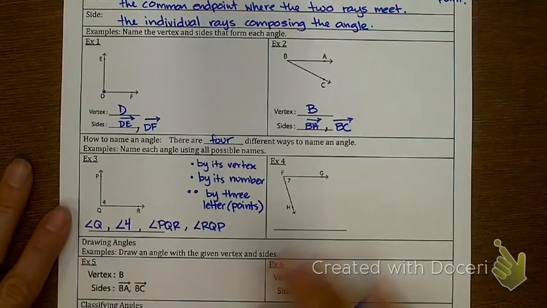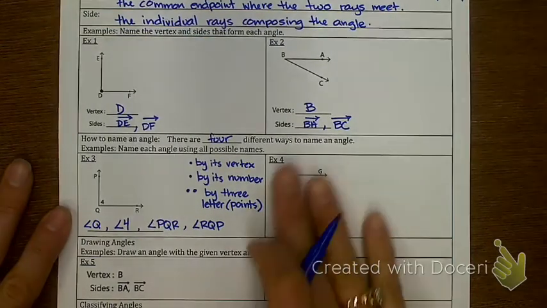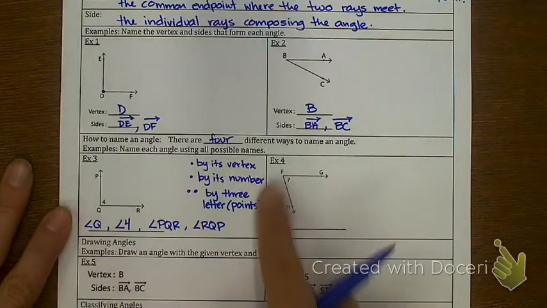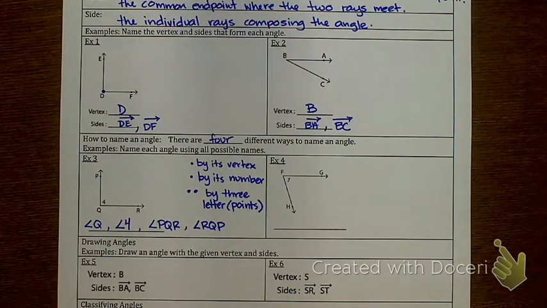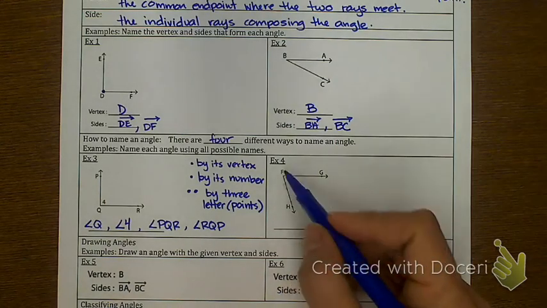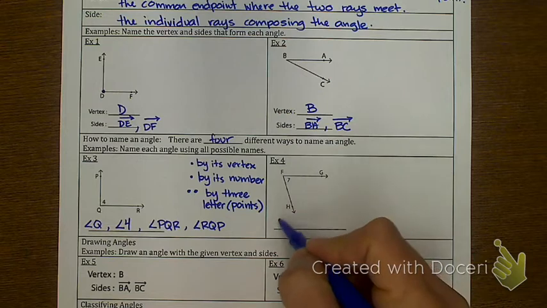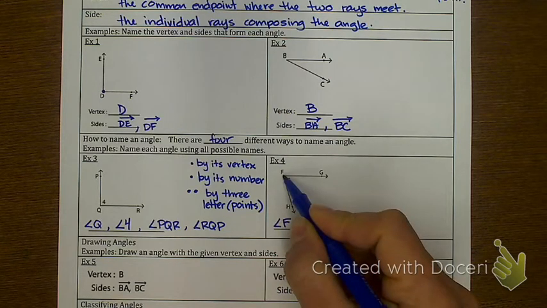Why don't you go ahead and take a moment to give this one a try, naming this angle in the 4 different ways. Okay, so if we were going to name this angle by its vertex, it would be angle F, because F is the common endpoint.